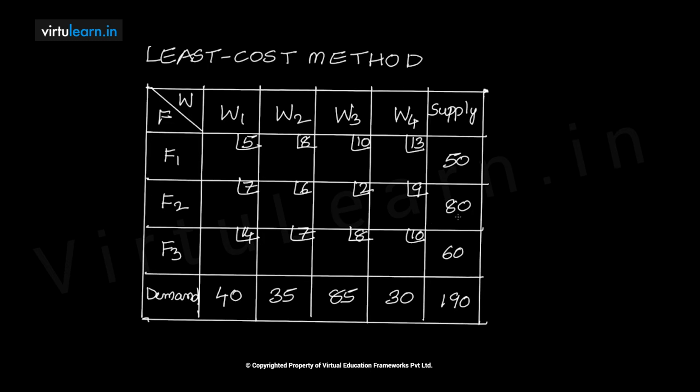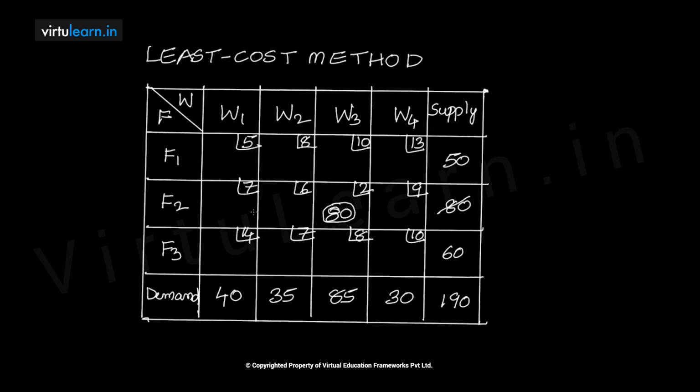Availability from factory 2 corresponding to this cell is 80 units. The requirement here is 85 units. So we cannot allocate more than 80 units, and we will make all the 80 units allocation here. That means there are no more units available from factory 2.